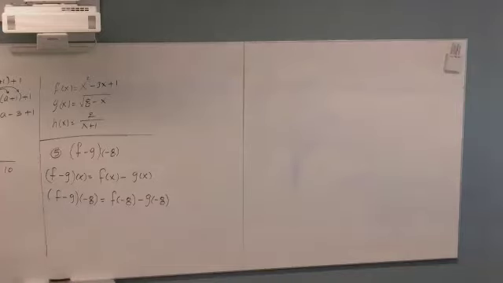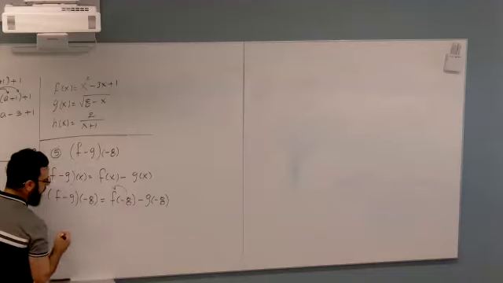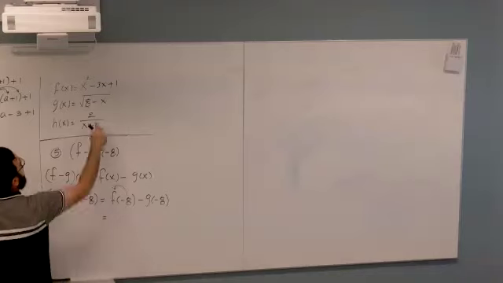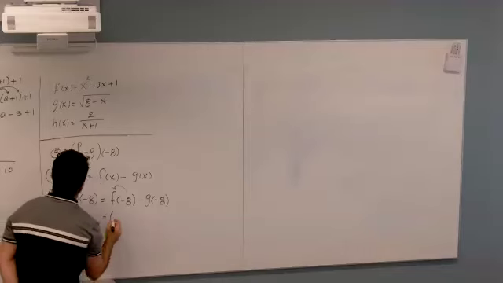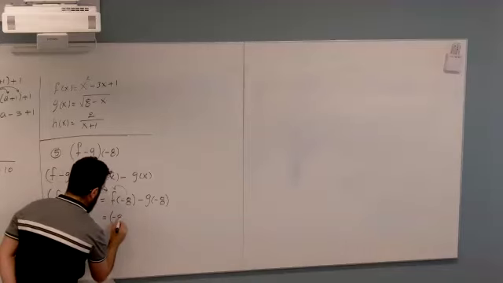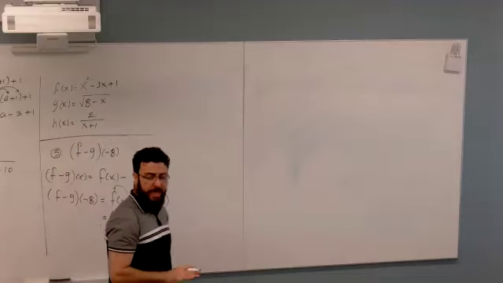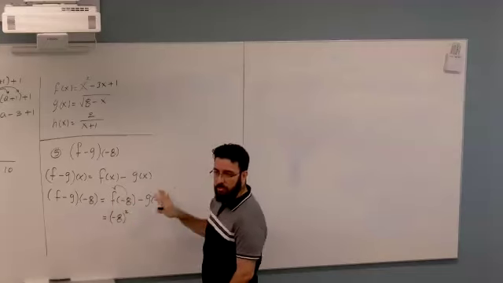Is that hard? Now, what's the next step? Plug in negative 8 where? In the f function. So I have to plug in negative 8 in the f function here, which is going to be negative 8 squared. By the way, you can plug in negative 8 in the f function on the side and just bring the result.